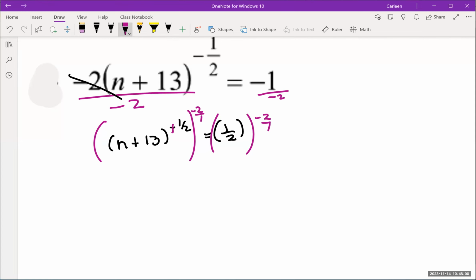Okay, cancel the negative, cancel the 2, and n plus 13 comes out. So what is 1/2 to the -2 going to be? What is the negative exponent going to do?